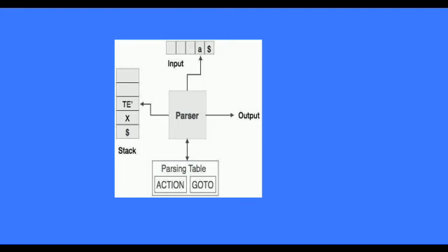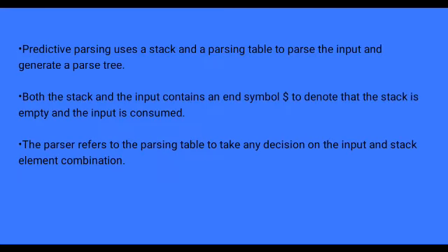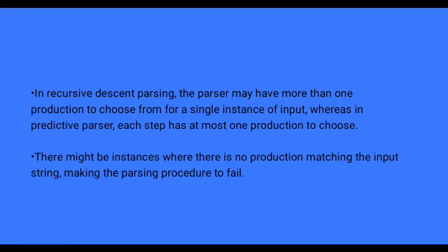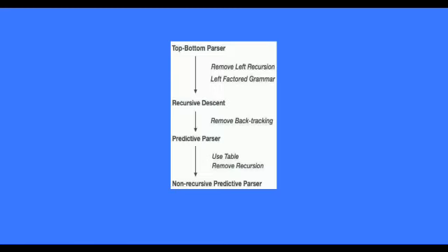The first rule for construction of predictive LL(1) is, you have to first solve the leading function or first function.